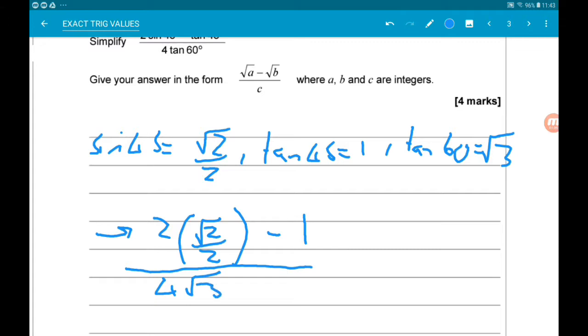Okay, now then, 2 times root 2 over 2 is just root 2. Remember, root 2 over 2 means root 2 divided by 2, so multiplication and division by 2 cancel each other out. So this is root 2 minus 1 over 4 root 3.